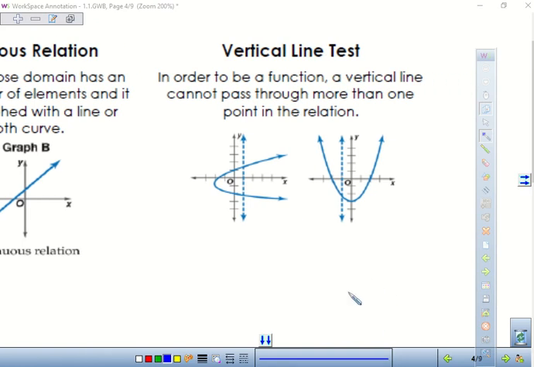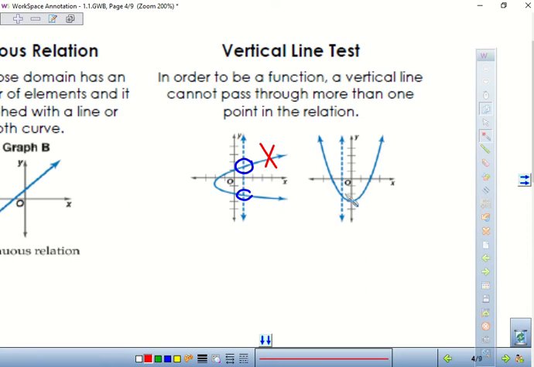And then we have the vertical line test. This is a test that allows us to determine if a relation is a function when it is graphed. So as you can see in the first graphic, do you notice that the vertical line goes through 2 points on the relation? Here and here. Everybody see that? That means that you have failed the vertical line test if you go through more than 1 point on the relation.